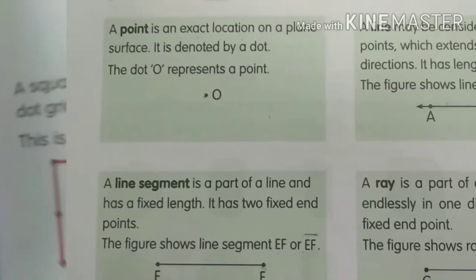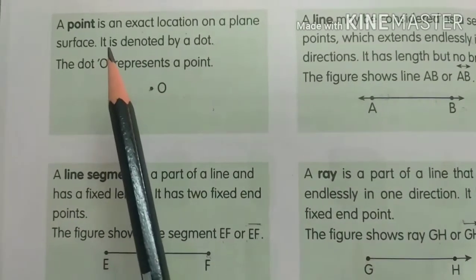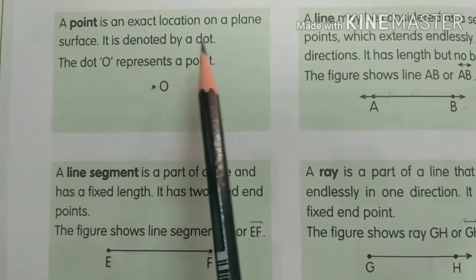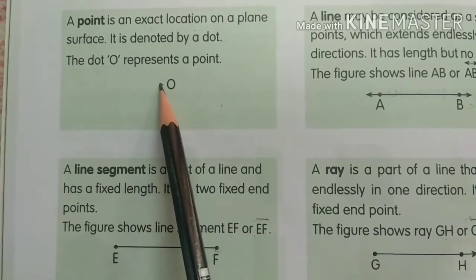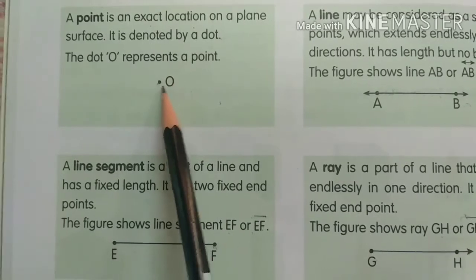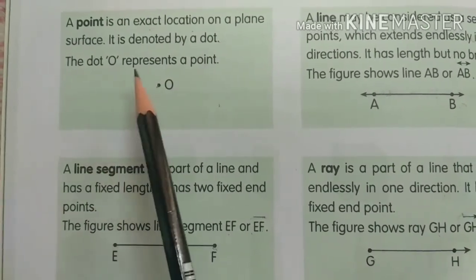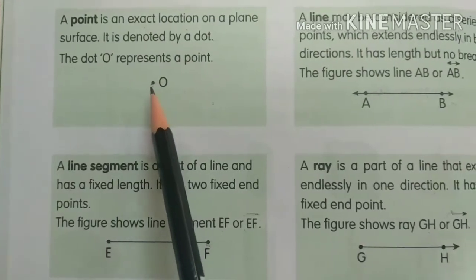See the four definitions once again. First one, point. A point is an exact location on a plane surface. It is denoted by a dot, and the dot O represents a point. The next one, line.